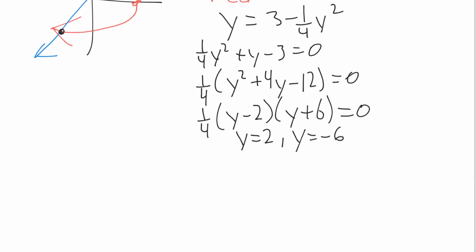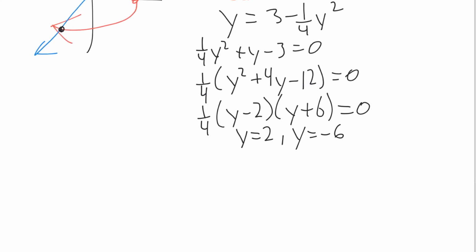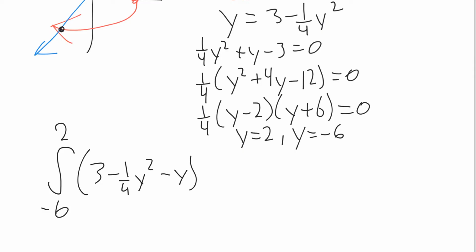So we will have the integral from y equals negative 6 to y equals 2 of, and our upper curve will be 3 minus 1/4 y squared, and our lower curve will be minus y dy. So to integrate that, each term, we can use the power rules.